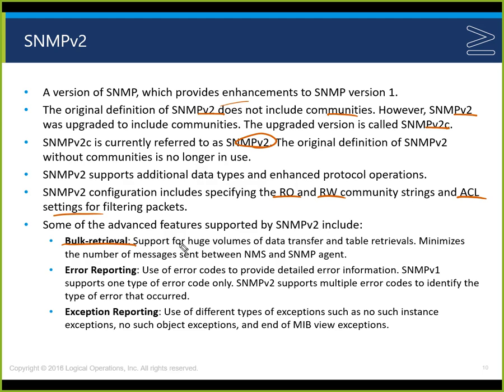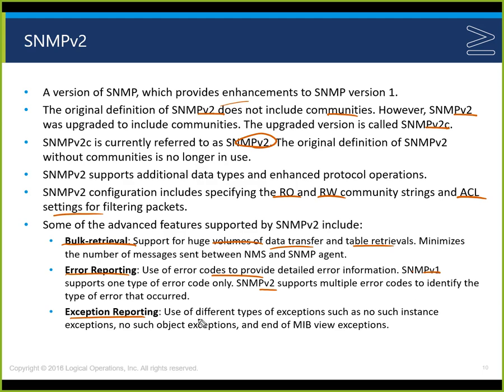It allows bulk retrieval, huge volumes of data, table retrievals, to minimize the number of messages between those if we do a bulk retrieval. Error reporting: error codes for these things. Version 1 supports one type of error code, and version 2 multiple error codes.